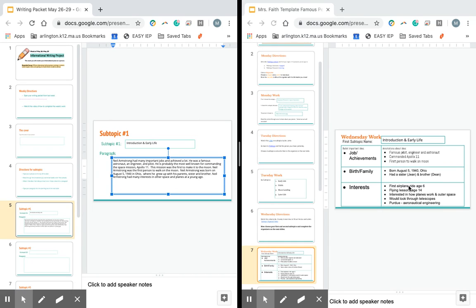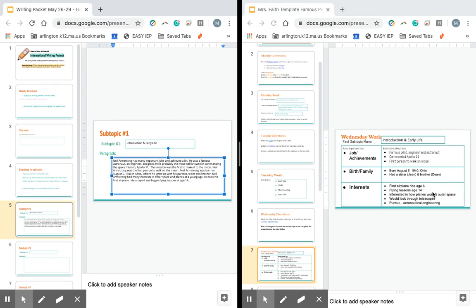Now I can turn these annotations into sentences by being specific about what his interests were. So, for example, he took his first airplane ride at age 6 and began flying lessons at age 14.